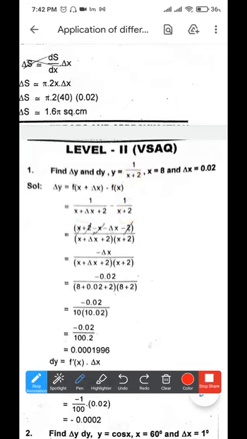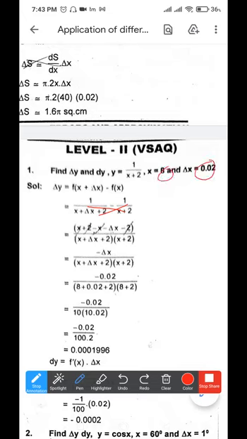Now simplify. We multiply over here, x plus 2 minus x minus delta x. Then cancel what is positive and negative, and you will get minus delta x by this part.